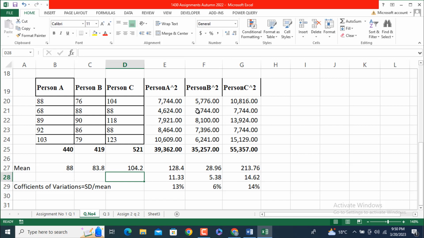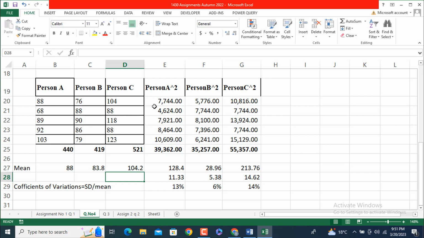This is the formula. For this purpose, I need person A square, that means x square, person B square means y square, and person C square means z square, or whatever variable name you choose. It depends upon you. I have taken them as they are for more clarification and understanding.